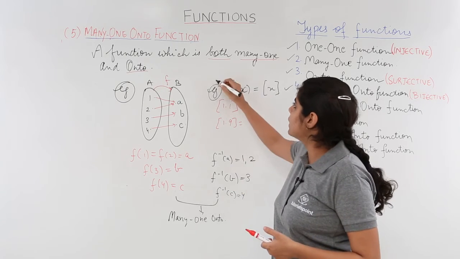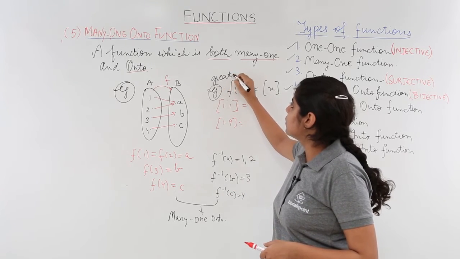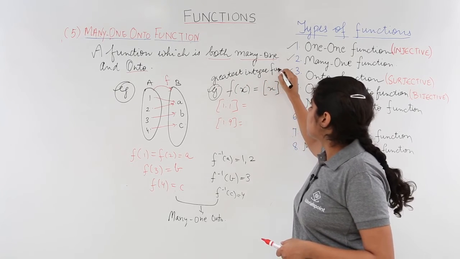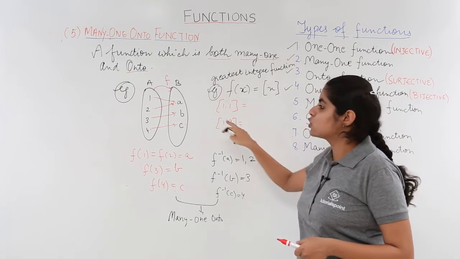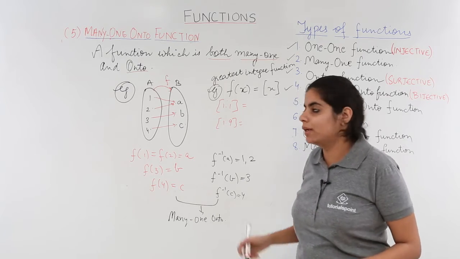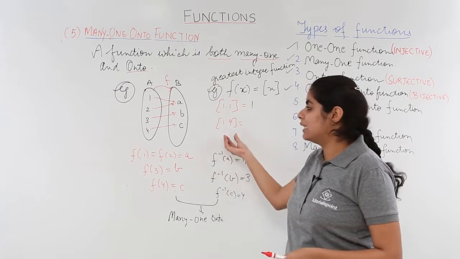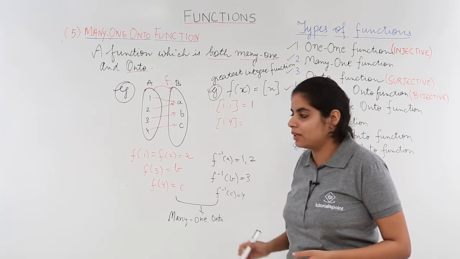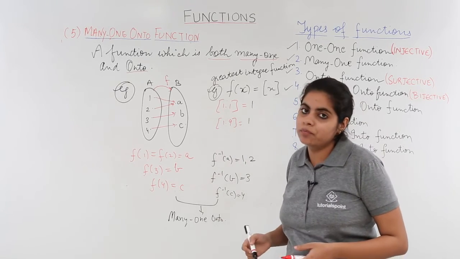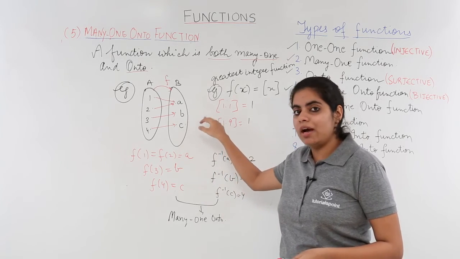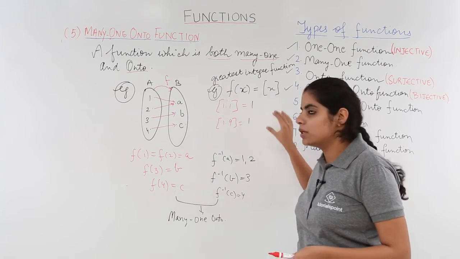This you might be knowing, that it is a greatest integer function, which we have already studied in our junior classes. Now, what is the answer to the greatest integer function of 1.1? It is only 1. What is the answer to the greatest integer function of 1.9? It is again only 1. That means different values have the same image.